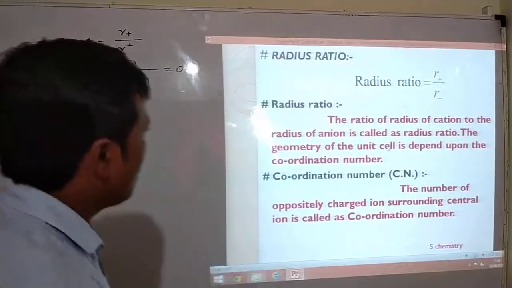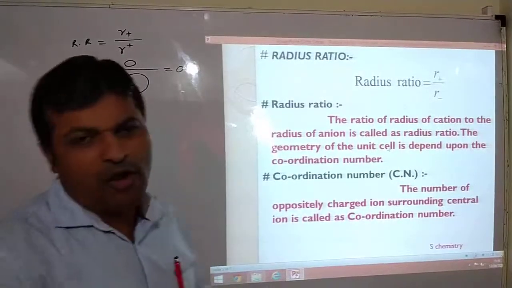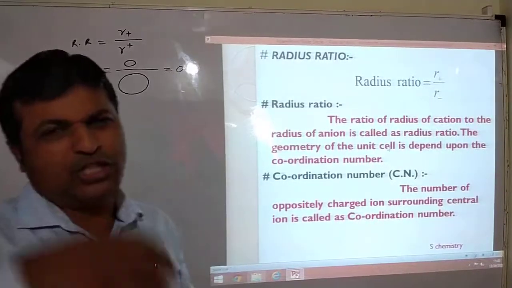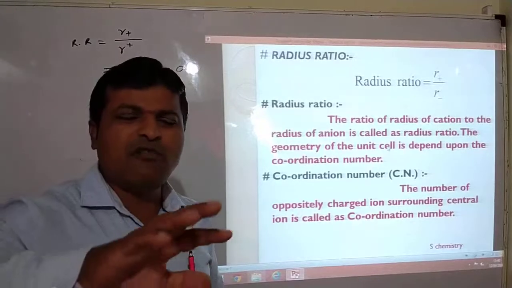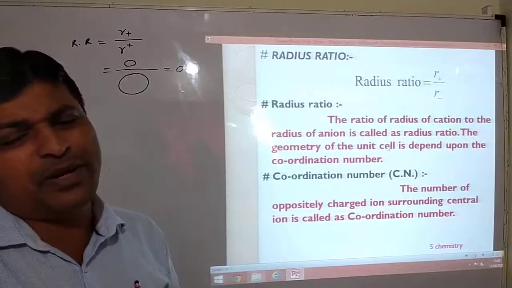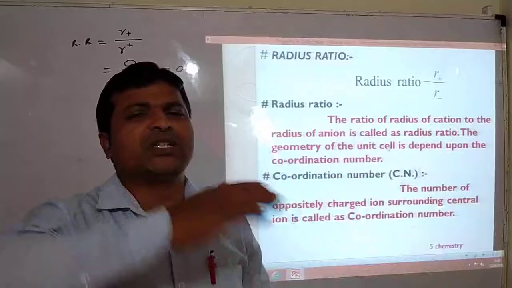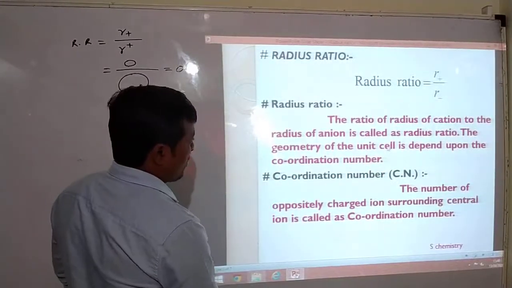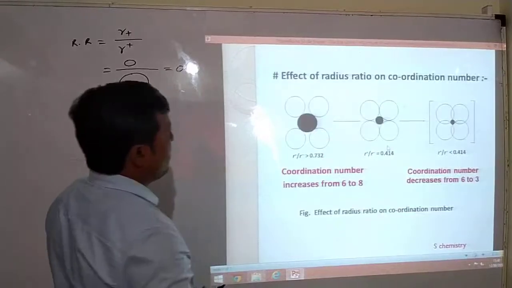In terms of an ionic compound, the coordination number is the number of oppositely charged ions surrounding the central ion.